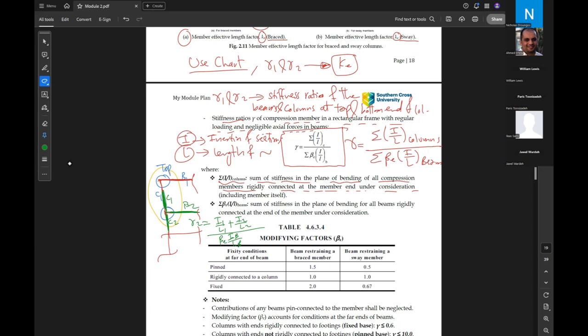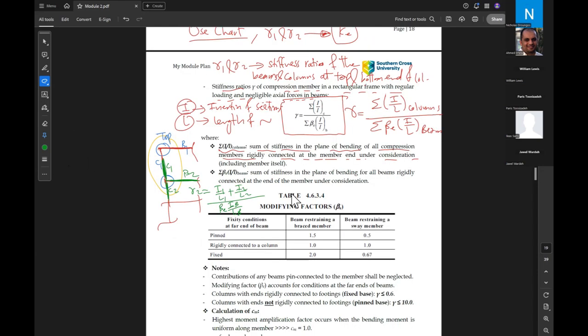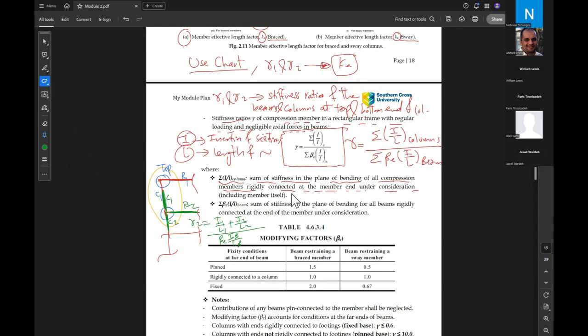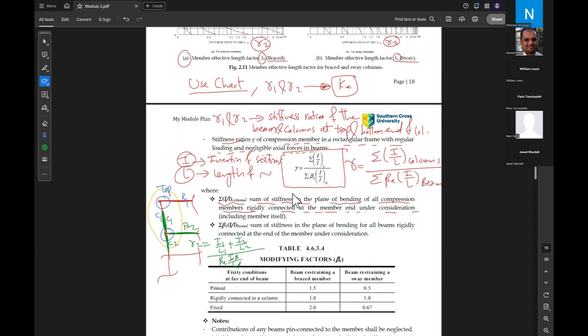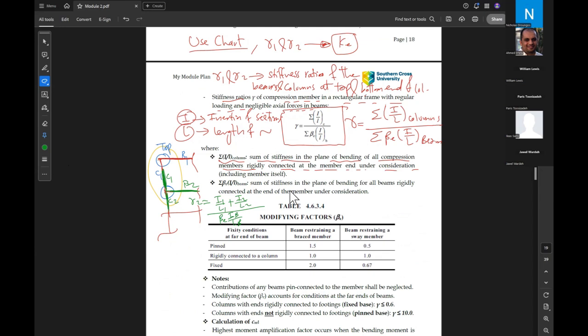After you calculate gamma bottom and gamma top, you can get into the chart and find the value of K effective. Before that, let's first know how much beta E is. Beta E is calculated using table 4.6.3.4, with beta depending on the fixity condition at the far end of the beam.